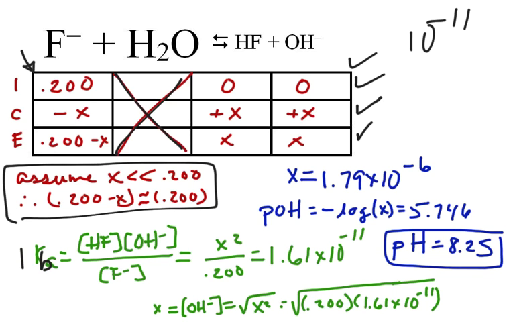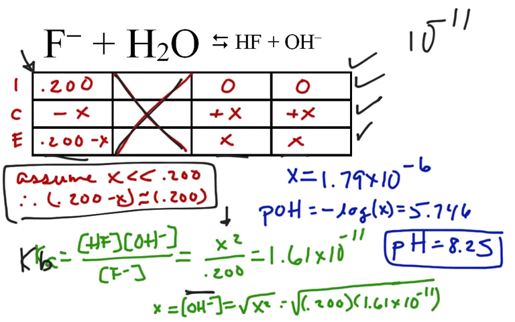It should be Kb expression, not Ka expression. We're going to substitute in x and x, all of our bottom row values. So we get x squared over 0.2 equals our Kb from the other screen, 1.61 times 10 to the minus 11. Now we just go back and solve, so you can see what we're doing is x squared equals 0.2 times 1.61 times 10 to the minus 11. We want the square root of that.